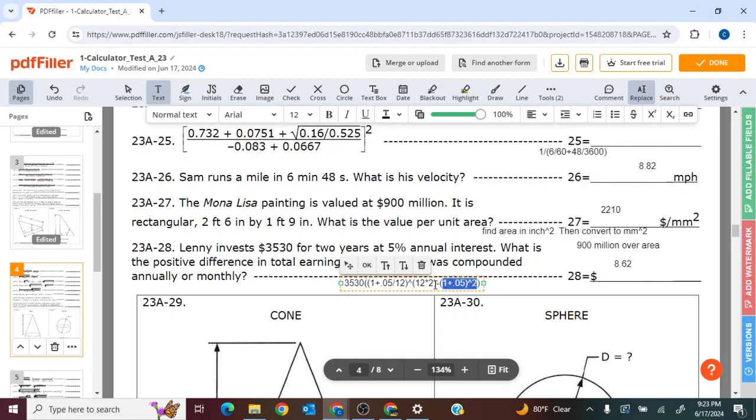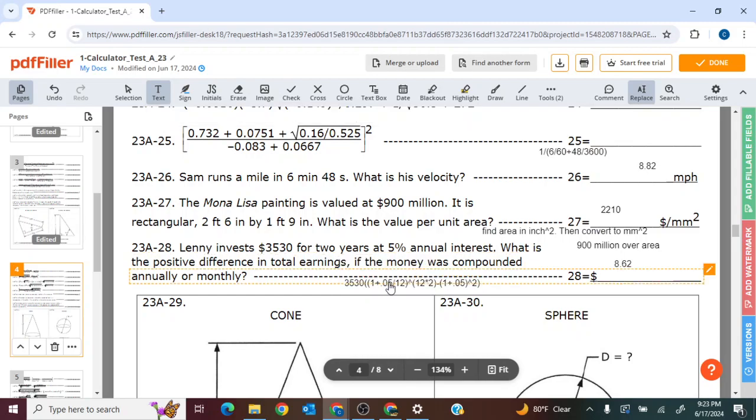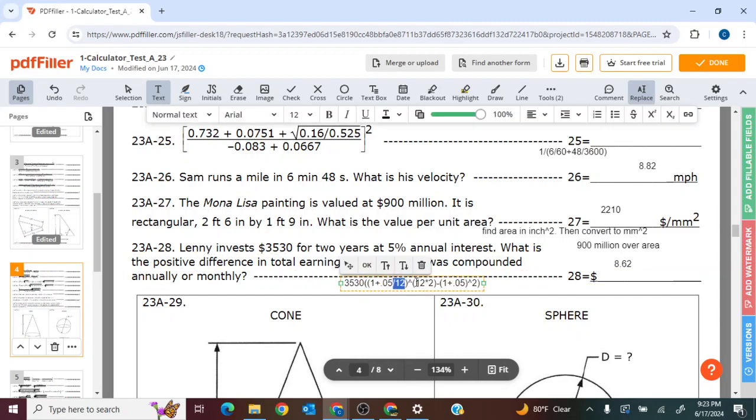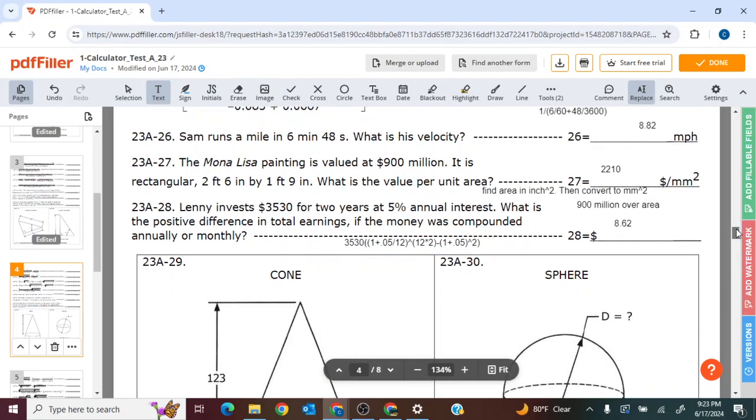However, that is only part of it, because if you're compounding a certain amount of times, you have to divide that rate by a specific number, and then multiply the power by a certain number. In this case, there are 12 months in a year, so that number is 12. You put that in your calculator, and you get 8.62 bucks. Not a very big difference.